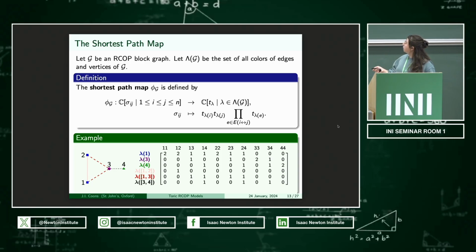For example, if I want to look at what sigma 1, 4 gets, well, I start at a blue vertex, and then I use a red edge, so that's this one over here, and then I use this black edge, so it's this one down here, and finally I land at a green vertex. So that's this one over here. If I take a single vertex, I'll get a 2, right? Because it's the first and last endpoint in the shortest path. Okay. Was this clear?